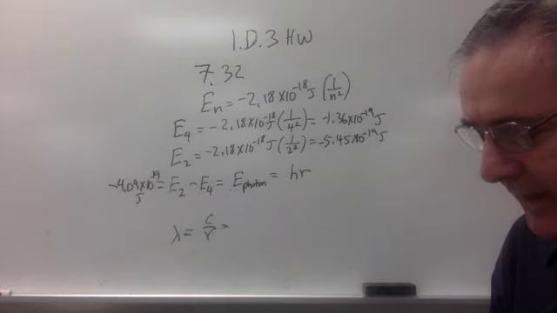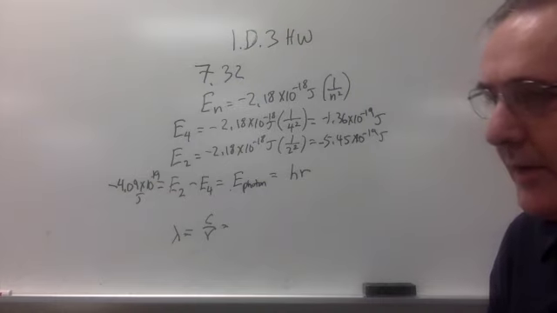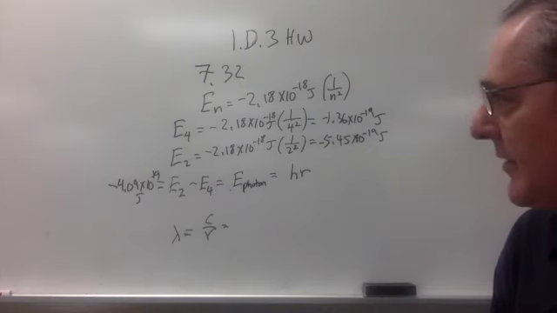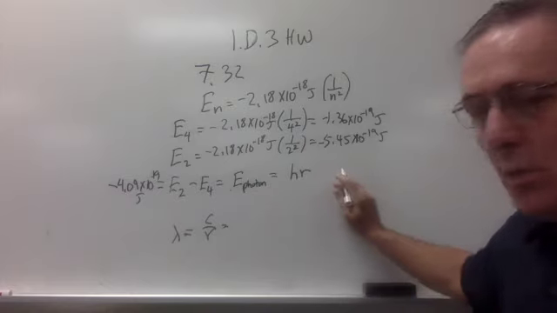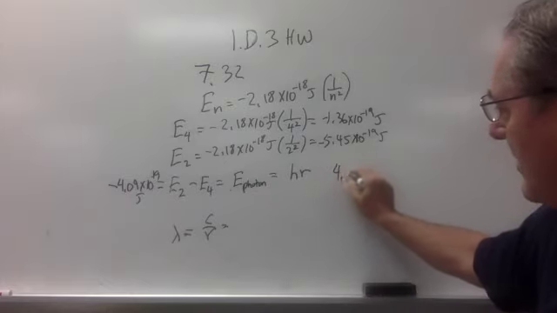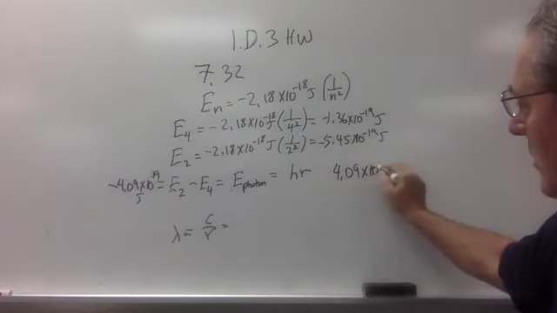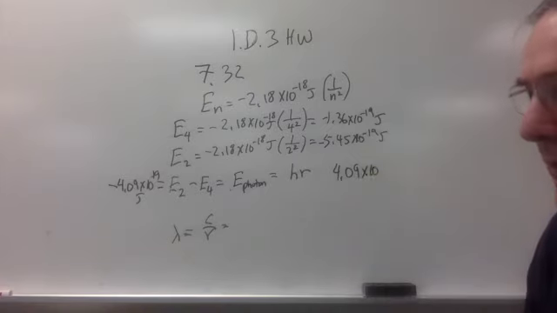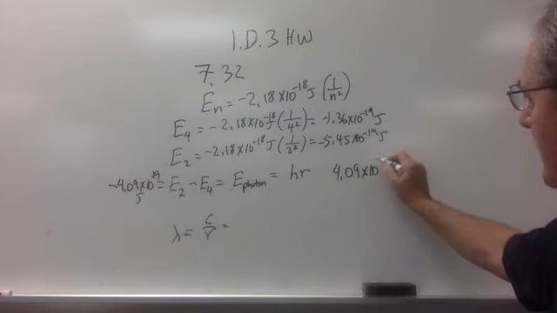It can be assigned negative to an atom if something loses energy. But in this case, the 4.09 times 10 to the minus 19 joules, we should change the sign on that because we're now not considering the atom's energy, but rather the photon's energy.